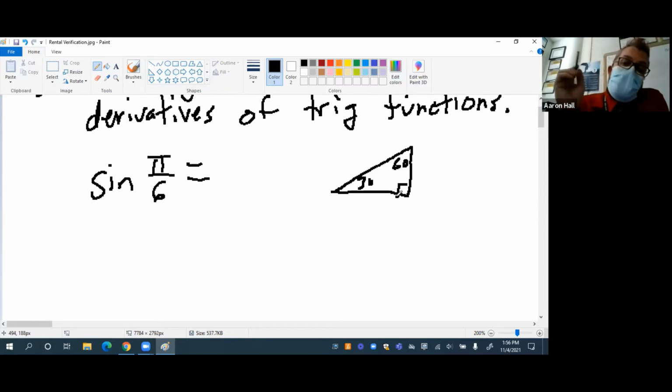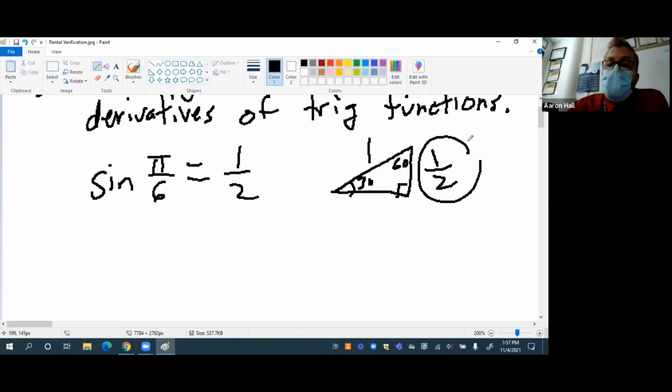If this is a unit circle, my hypotenuse is 1. The relationship between the shortest side and the longest side is that the shortest side is half of that. So from our understanding of a 30, 60, 90 triangle, the answer is going to be 1/2. Opposite over hypotenuse, that's the definition of sine, gives us 1/2.